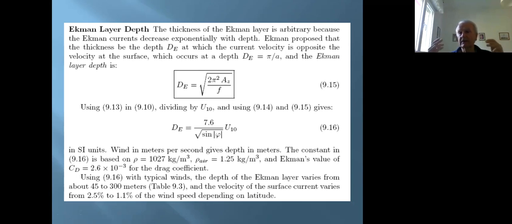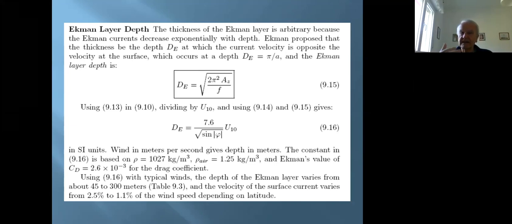It's something we would expect also empirically. On the other hand, the Ekman layer depth is larger if you are closer to the equator. With the same differences of velocity between the atmosphere and the ocean, the closer we are to the equator, the deeper is the Ekman layer.